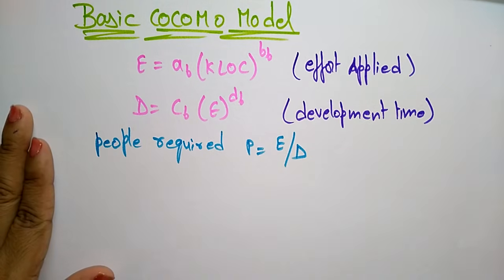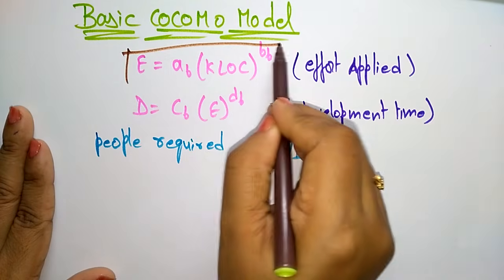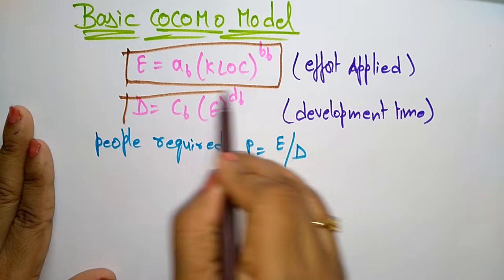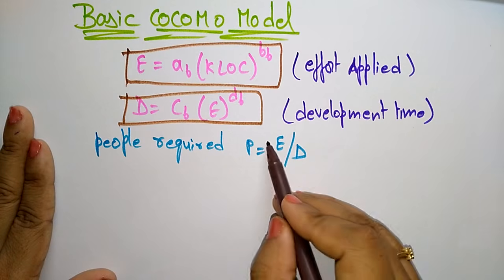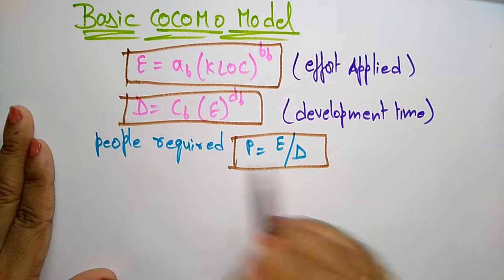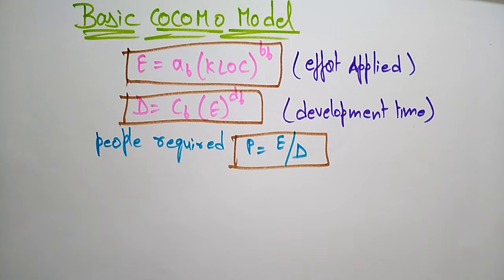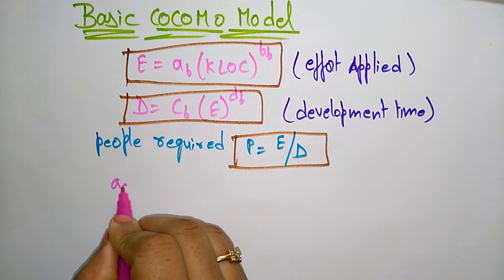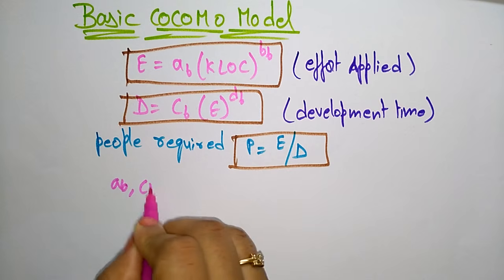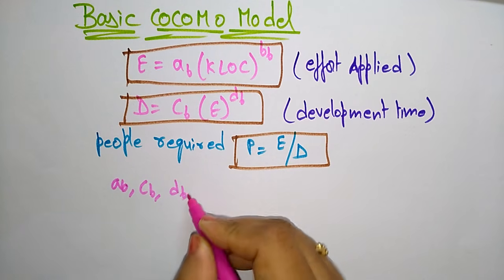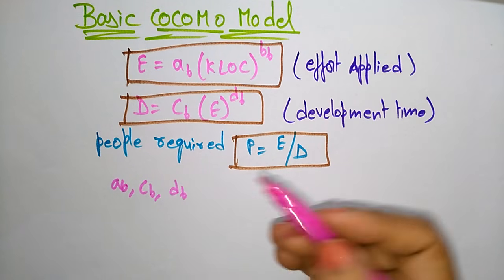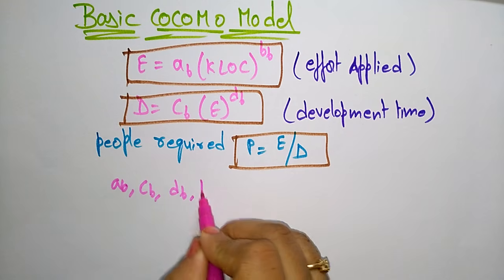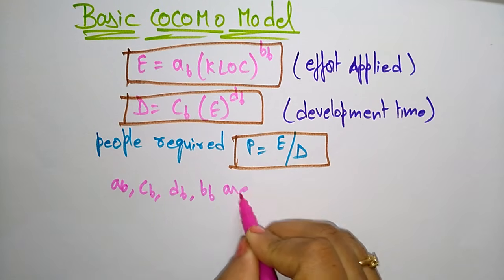So these are the three formulas that are used to calculate the basic constructive cost of a product. And here ab, cb, db, and bb are coefficients.